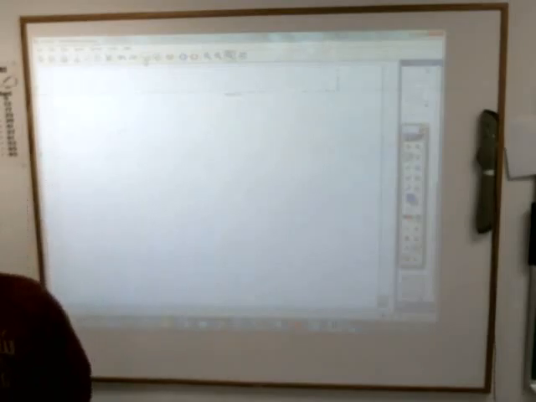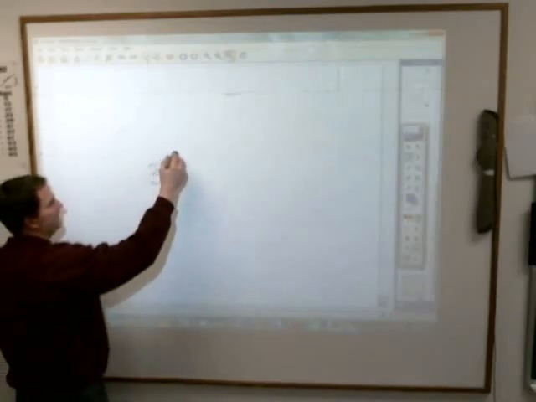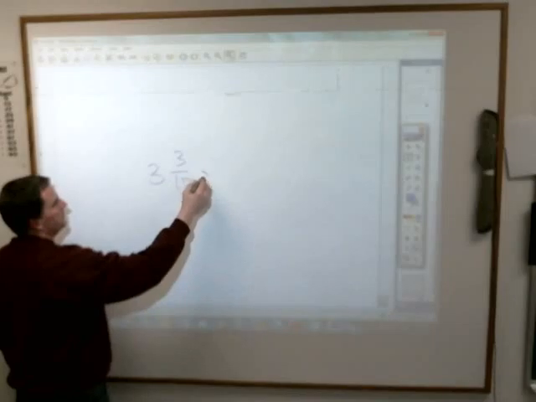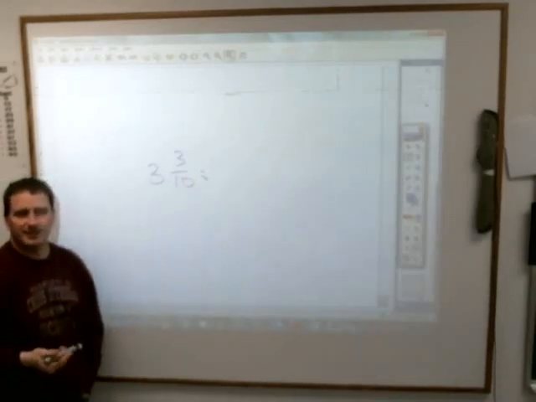Some of them get kind of goofy. For example, the book says use a calculator, which we're not going to do. If they tell you to use a calculator, generally you can skip it. That's the last worst case scenario, because you should be able to flip 3 3/10 into a decimal pretty quickly, because that's already in tenths.